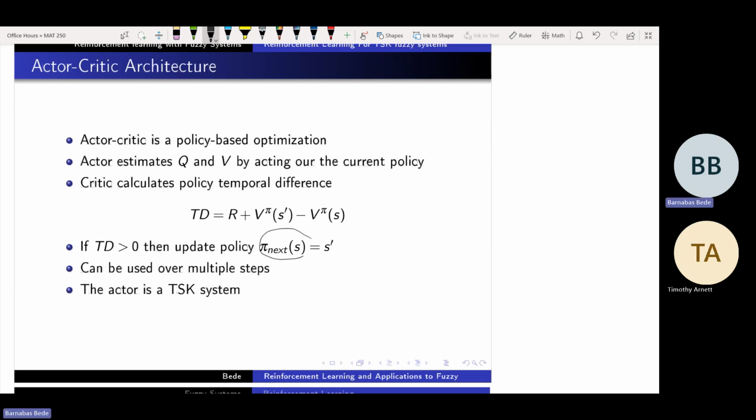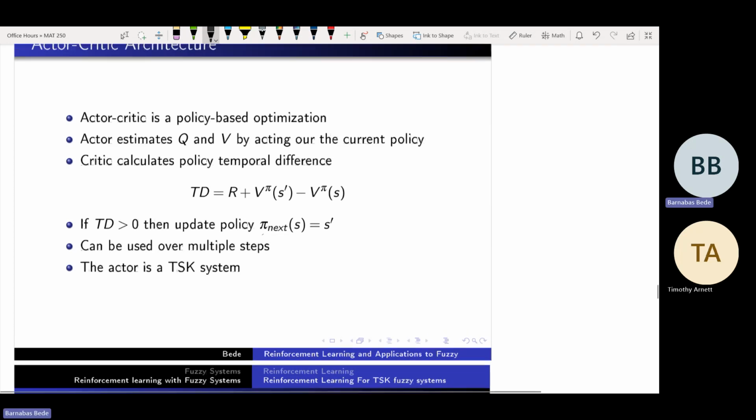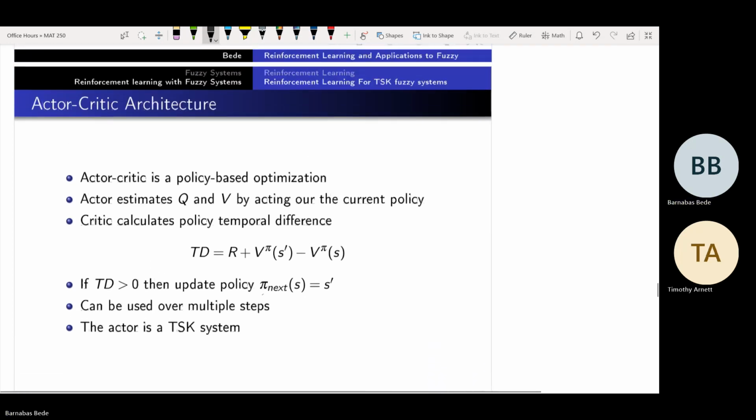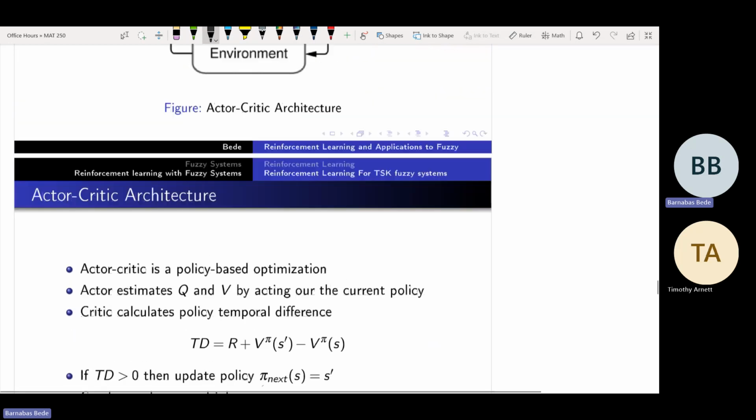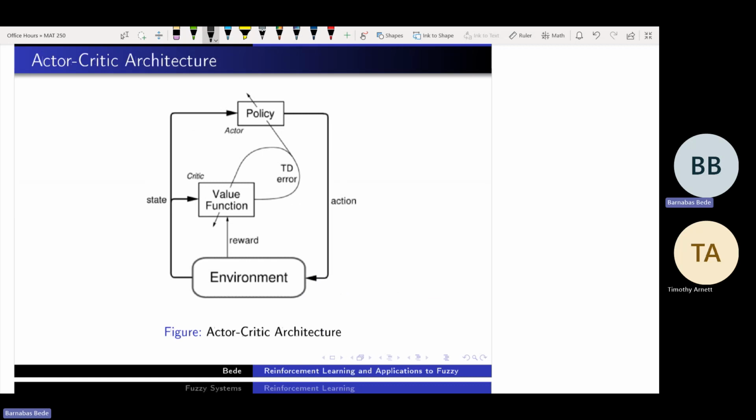So the policy that we have is pi next. The next state from S should be S prime. So I should go towards S prime. And now in our architecture, the actor is a TSK fuzzy system. So the actor is basically the Q value approximated by the TSK fuzzy system.